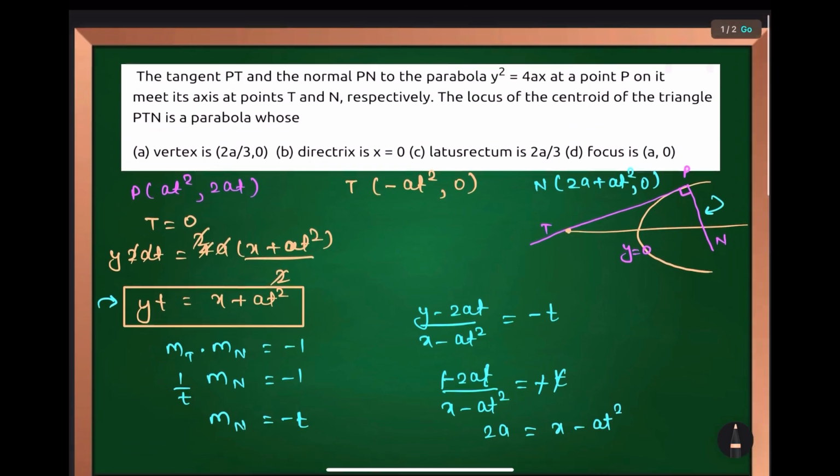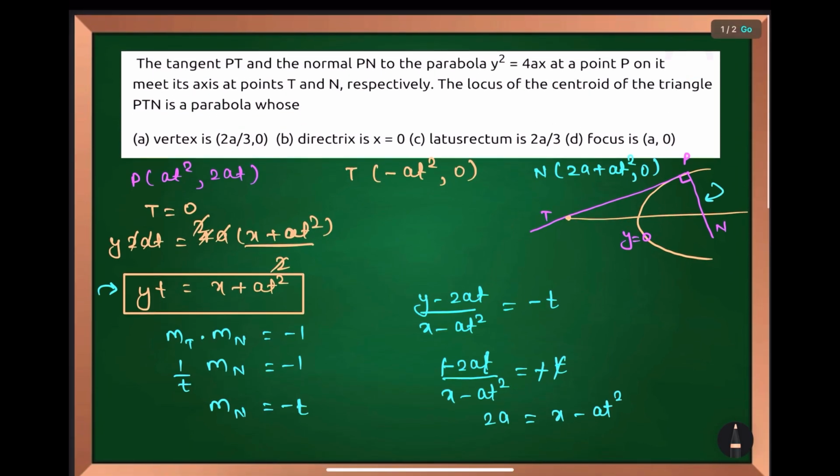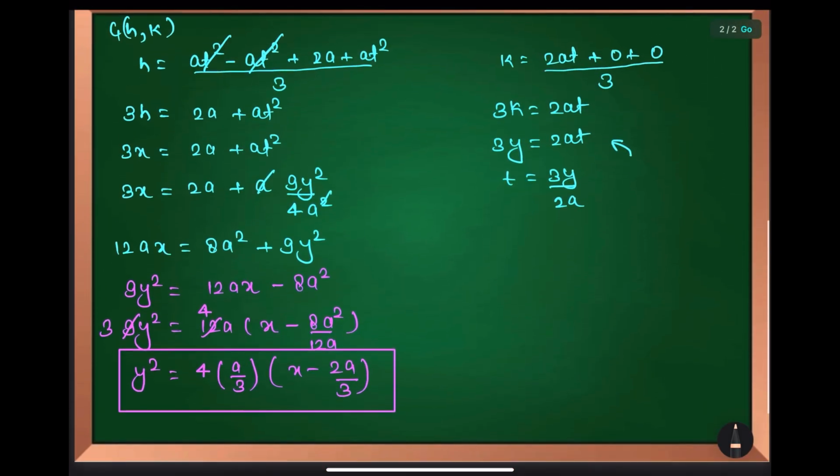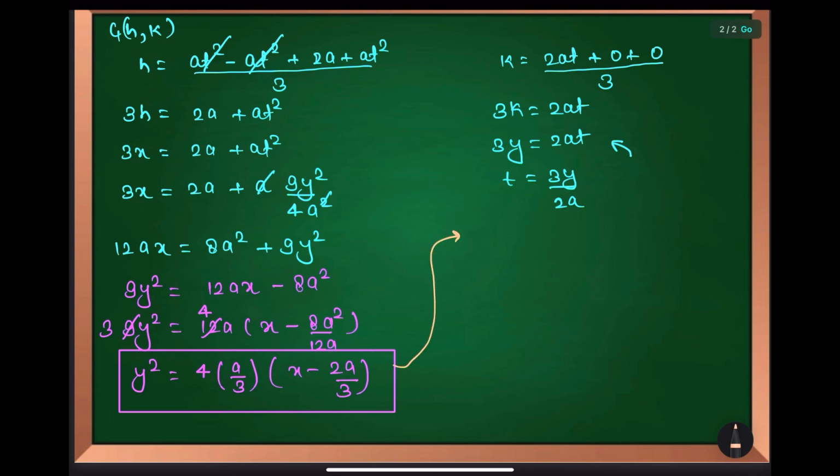So the first question is, these guys are interested in finding the vertex. So for the vertex, you know that first we have to write this in some standard form. So what I'll do, I'll imagine y equals capital Y. Okay, I'll change the order. Y is equal to this.